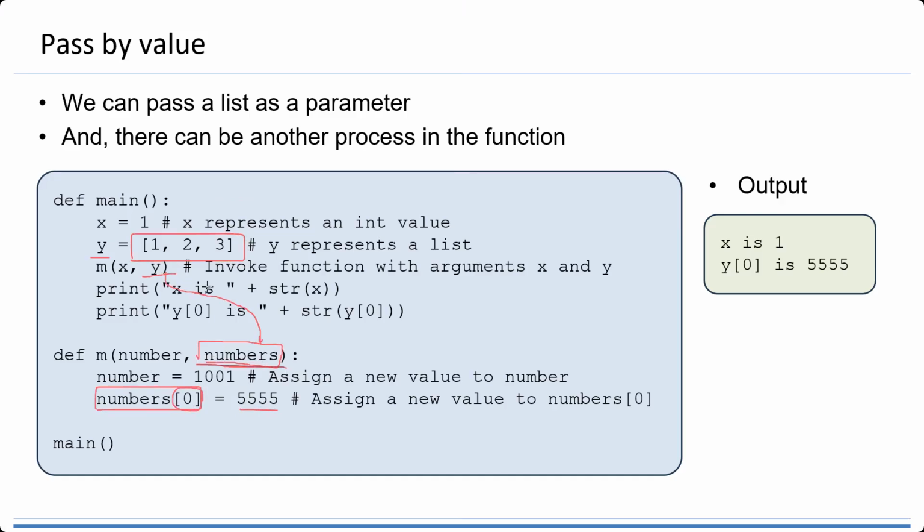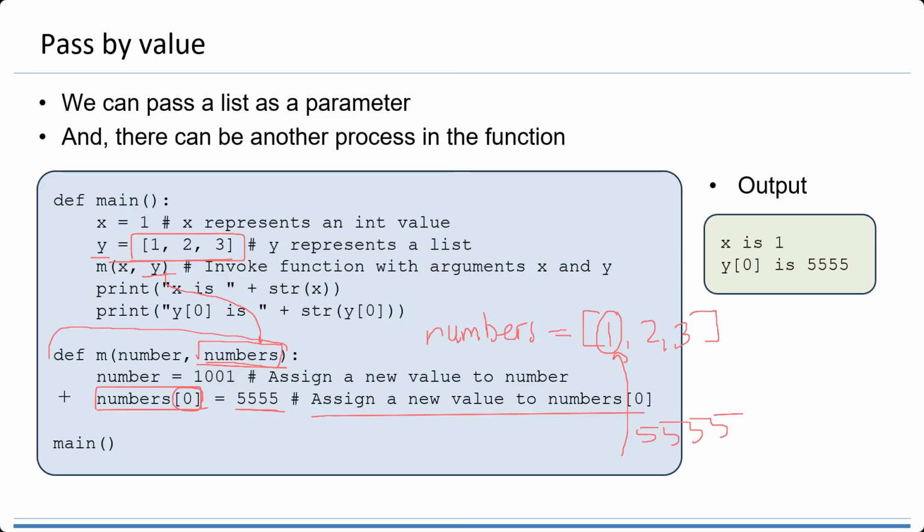We know numbers is a list, [1, 2, 3]. Numbers index 0 is this one. Let's update it with 5555. Assign a new value to numbers[0]. Then this value will be updated into 5555.